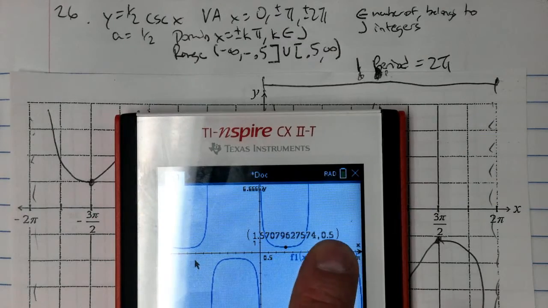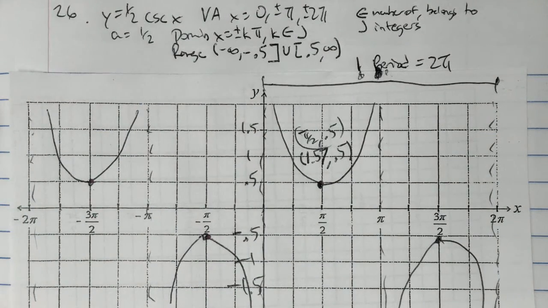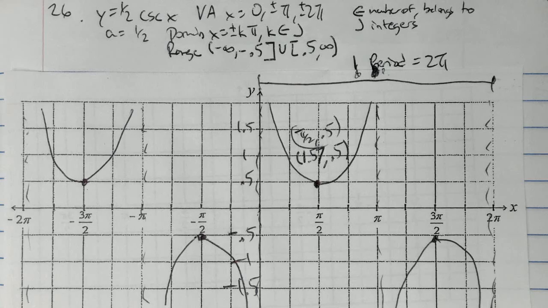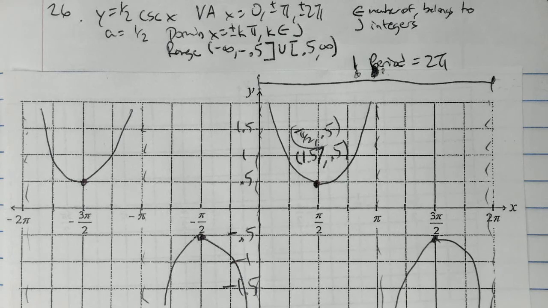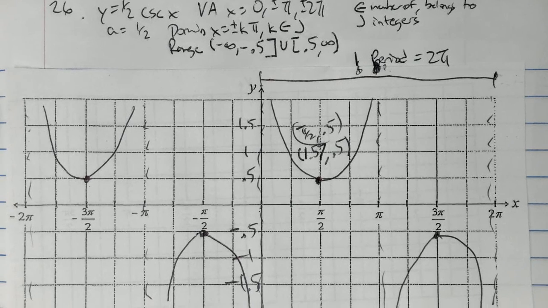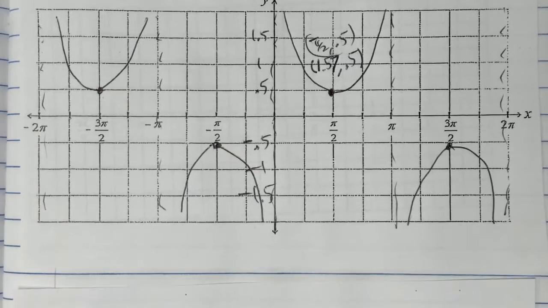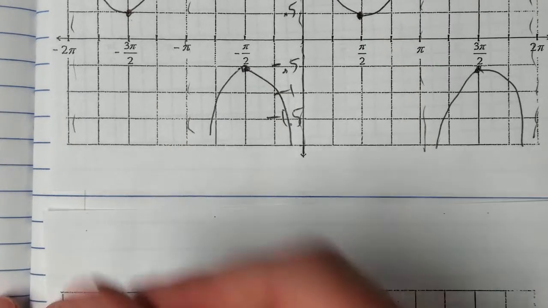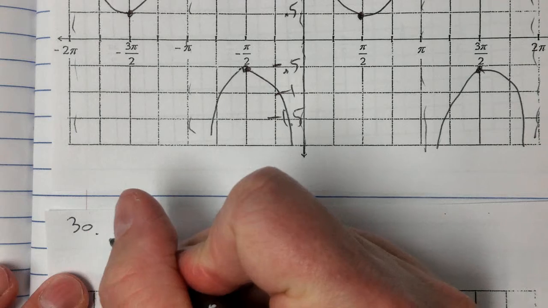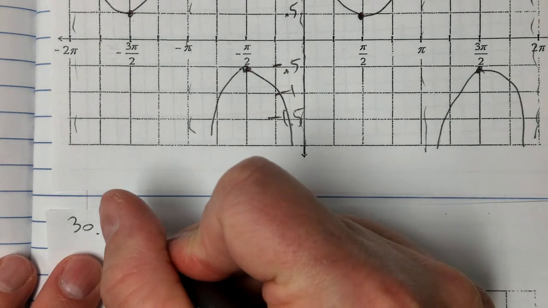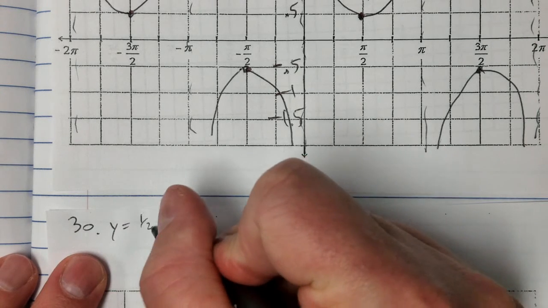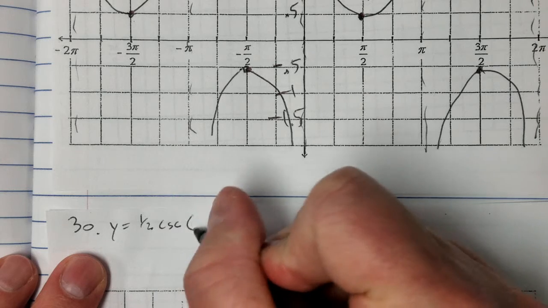And then your y value is 0.5. Any questions? Okay, so there's 26. Now we have 30. This one's pretty similar to it. It's y equals 1/2 cosecant of 2x.